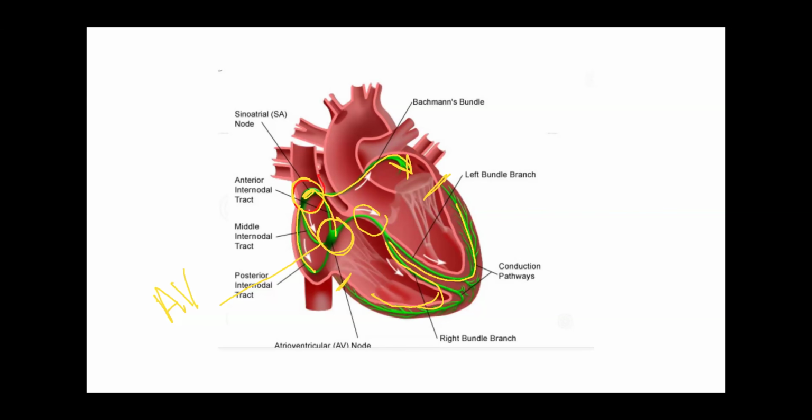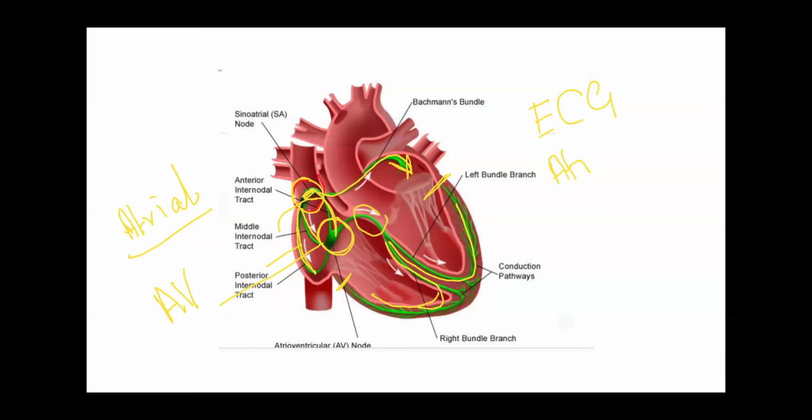So when the SA node fires and the electrical activity goes to the atrium, it causes atrial contraction. We are going to cover the phases in ECG. The first thing in ECG is atrial depolarization.